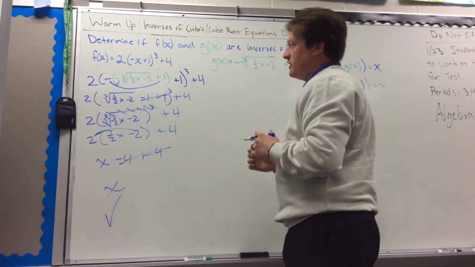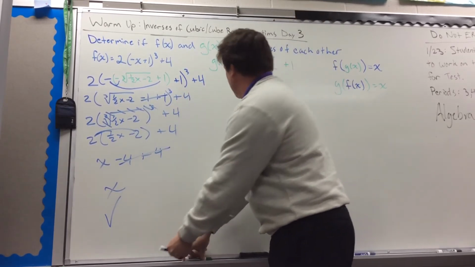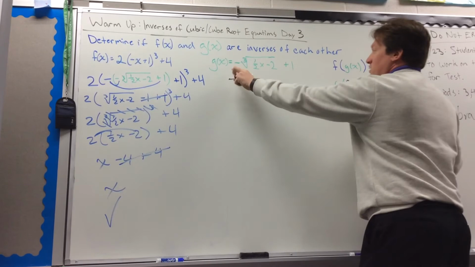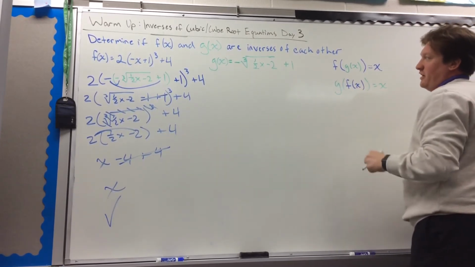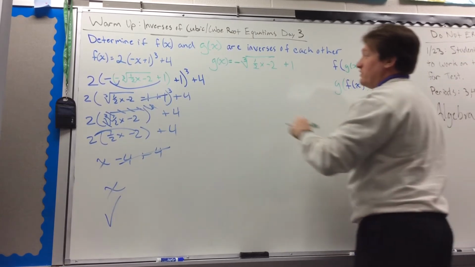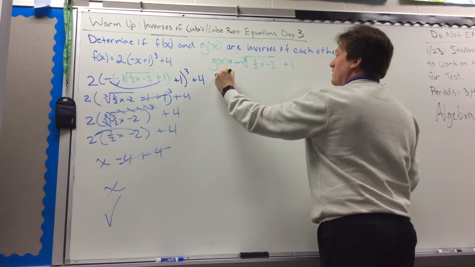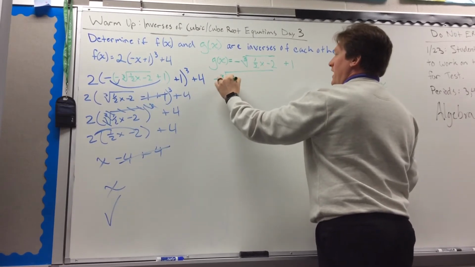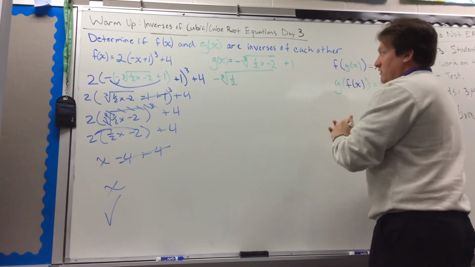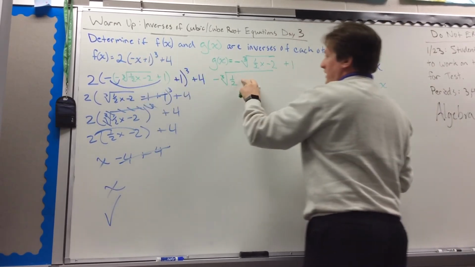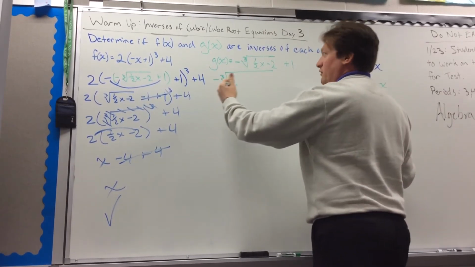The one thing about using composition is that we have to do it both ways. So with the next part, we're going to have to do g of f of x, and it should break down to x. And if it does, then these are inverses of each other. So let's start with what we're given. We have negative cube root of 1/2, and then I'm going to plug in this part, what's blue, right here with a parenthesis, and then finish it off so that we have the different colors.